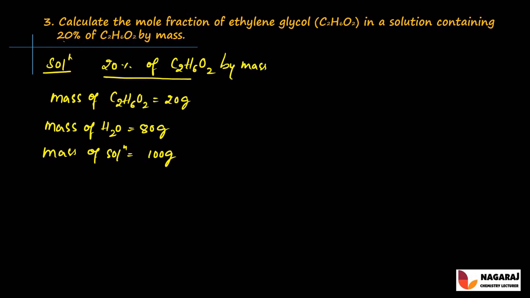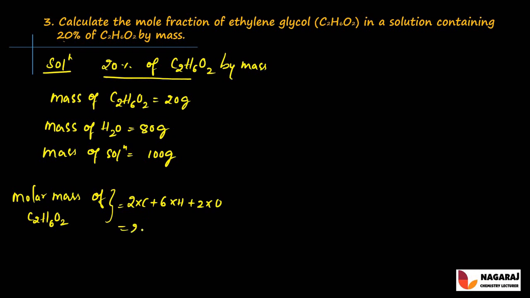And next, let us calculate the molar mass of ethylene glycol. Molar mass of C2H6O2 is 2 into carbon plus 6 into hydrogen plus 2 into oxygen.